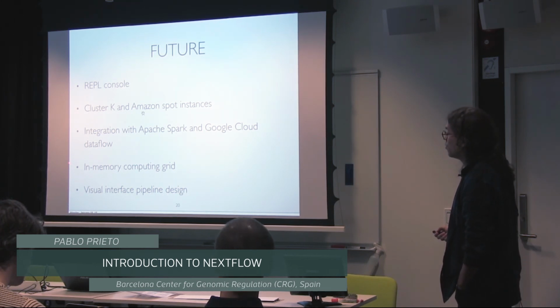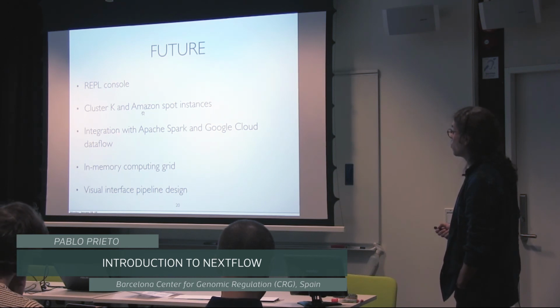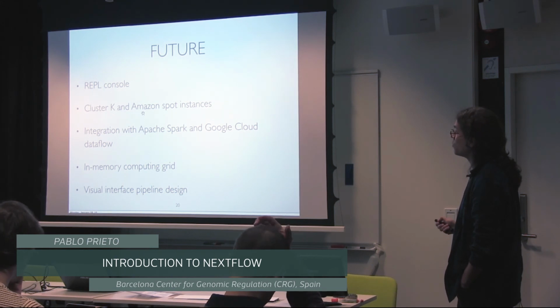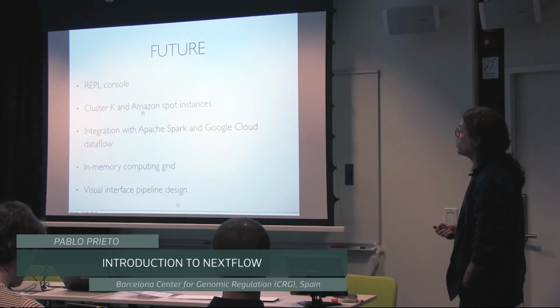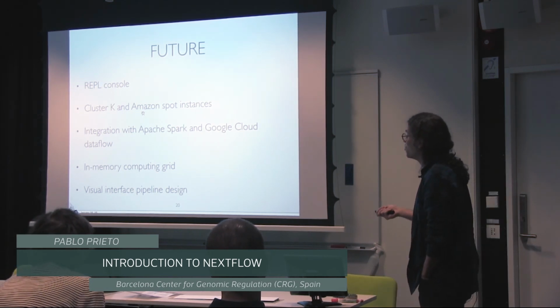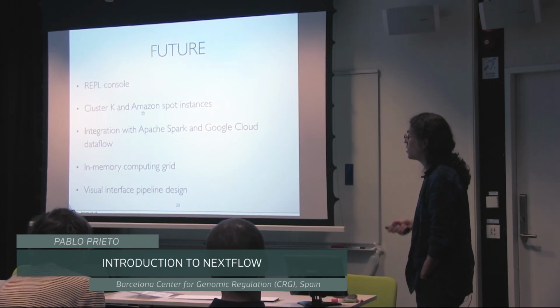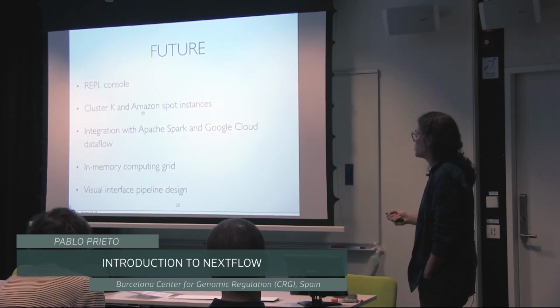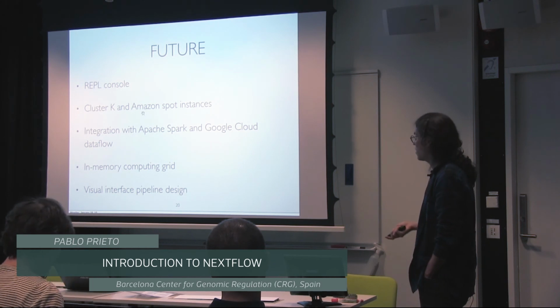And as I have said, we are working on this in-memory computing grid, and we want to support also other data flow frameworks like Apache Spark or Google Cloud. And now we are working also on Cluster K and Amazon spot instances, which should cut down the prices, because now in our institute they just started recently to charge us for computing, or more than before. So it should be really interesting.